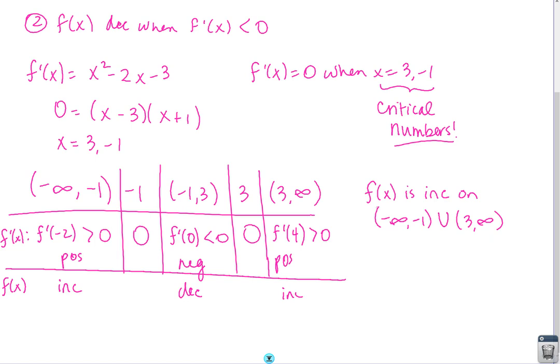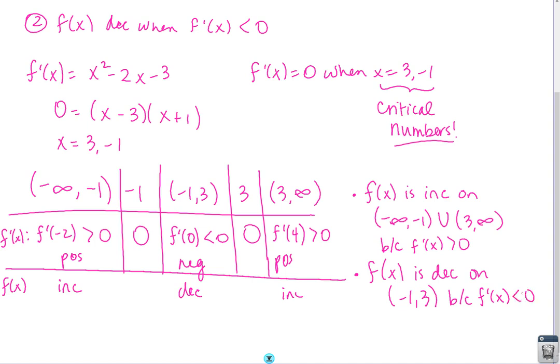And I know that it's increasing because f prime of x is positive here. And then f of x is decreasing on the interval from -1 to 3 because f prime of x is negative on that interval. So that is how we determined the intervals for when our original function is increasing and decreasing.